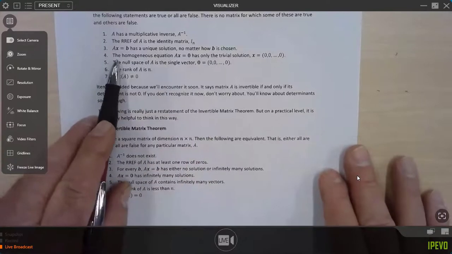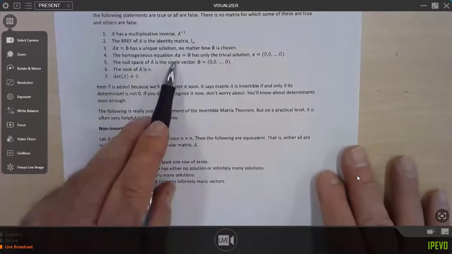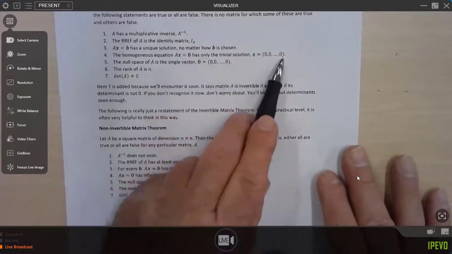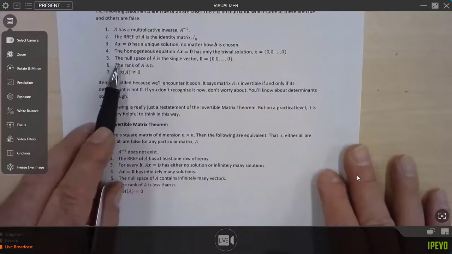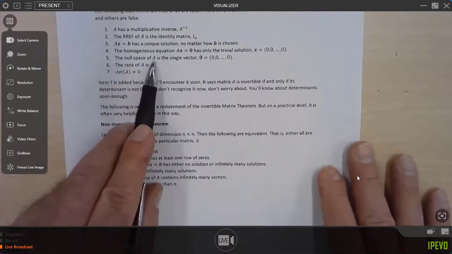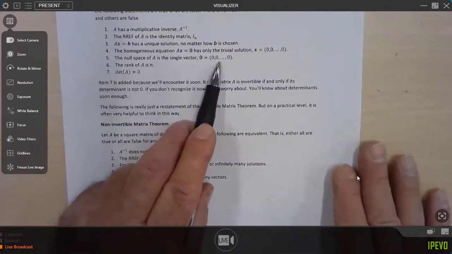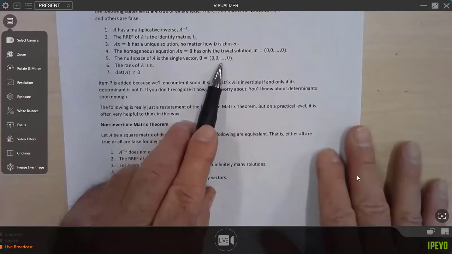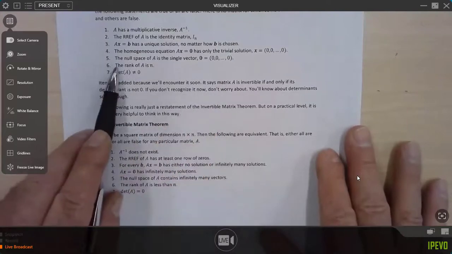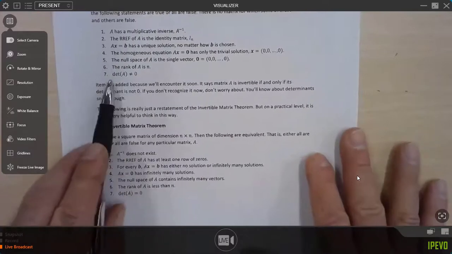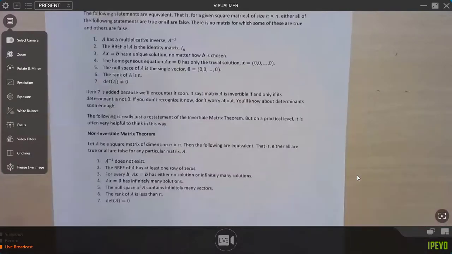It must also be true that the homogeneous equation AX equals 0 has only the trivial solution 0. The null space of the matrix A is the single zero vector. Nothing else is in the null space. The rank of A is n, and the determinant of A is not 0.